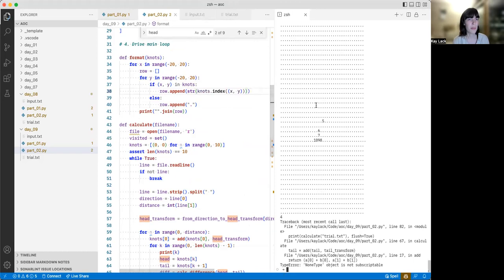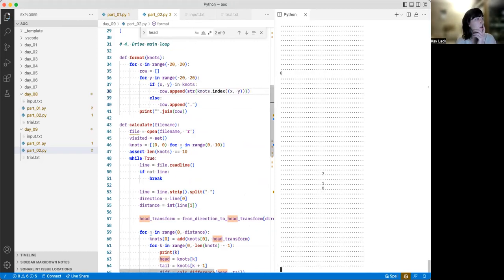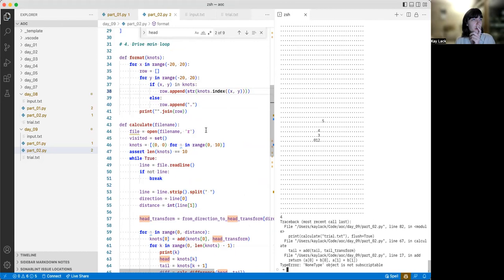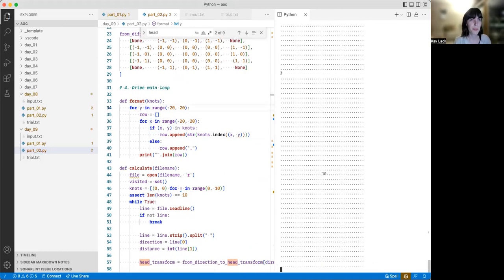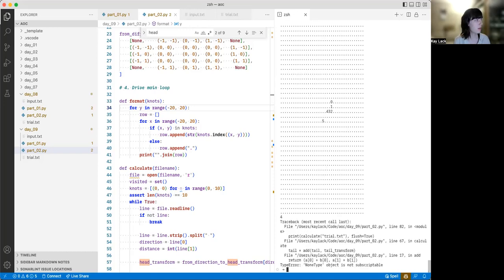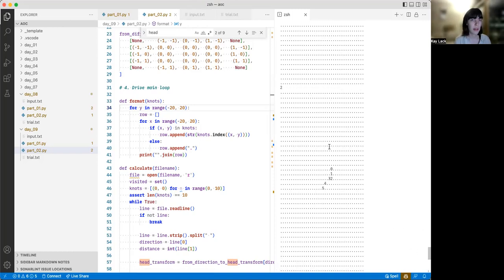No, actually, that was right. Okay, so we're going the wrong way round for one. Swap that over. Okay, so yeah, we go two up.